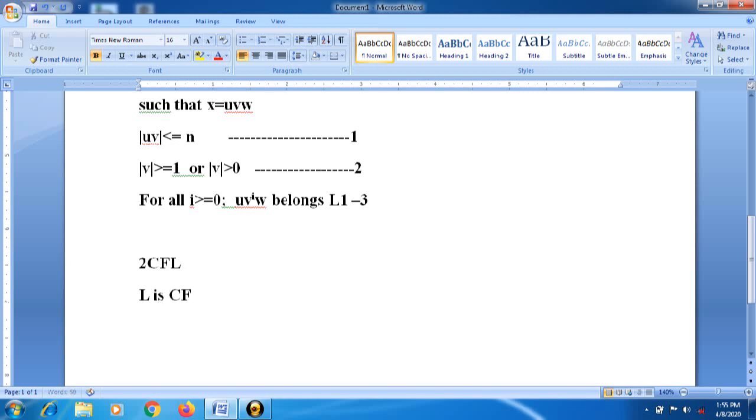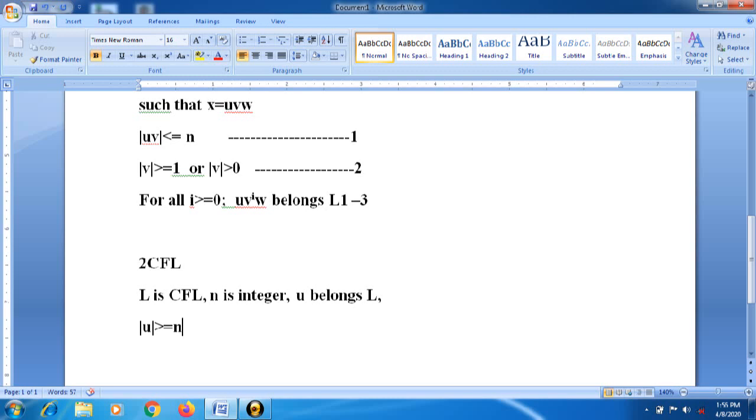L is our CFL, N is an integer, so that for any U belonging to the given context free language L, for satisfying all these conditions, we have to check the modulus. Mod of U is greater than or equal to N. First we have to check that condition.